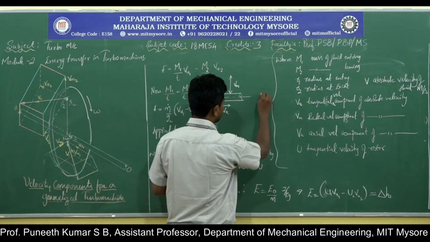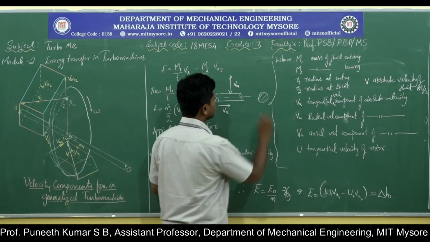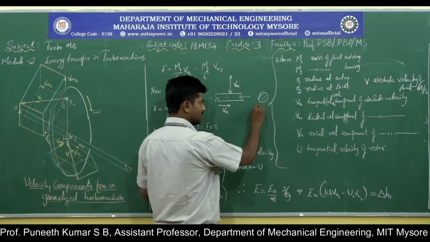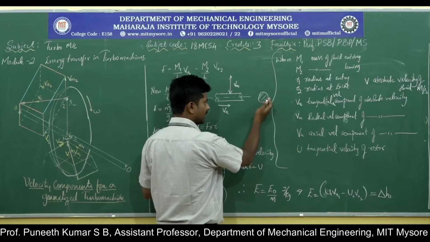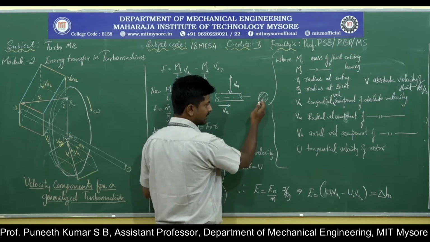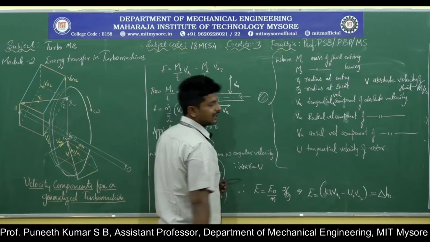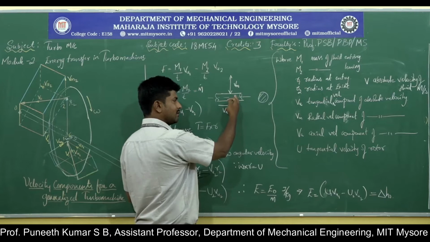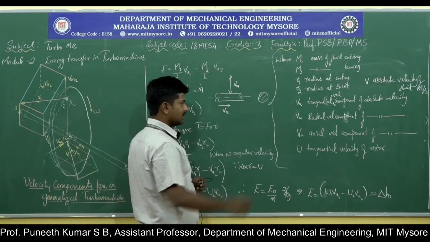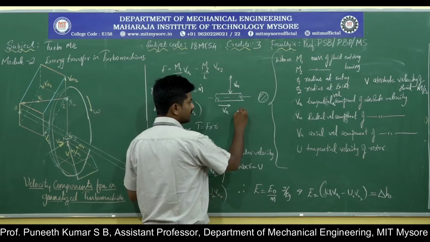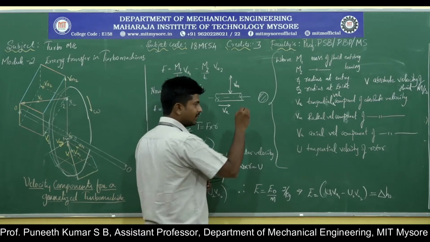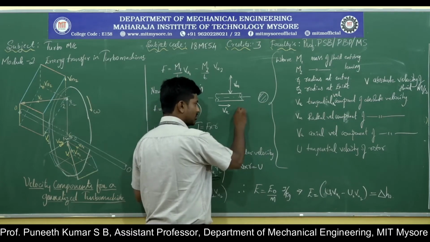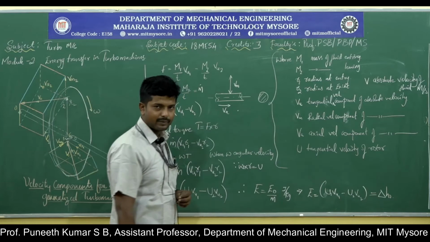Suppose I write the section of this, and the velocity of fluid, now I am writing the section and representing it. Why? Because I cannot show the tangential direction. If I want to show the tangential direction for this particular axis, then the tangential direction will be exactly perpendicular to the board, which looks just like a point and cannot be represented.